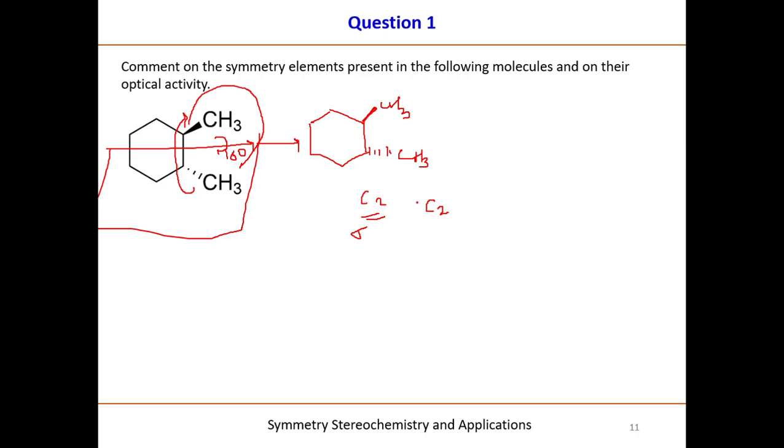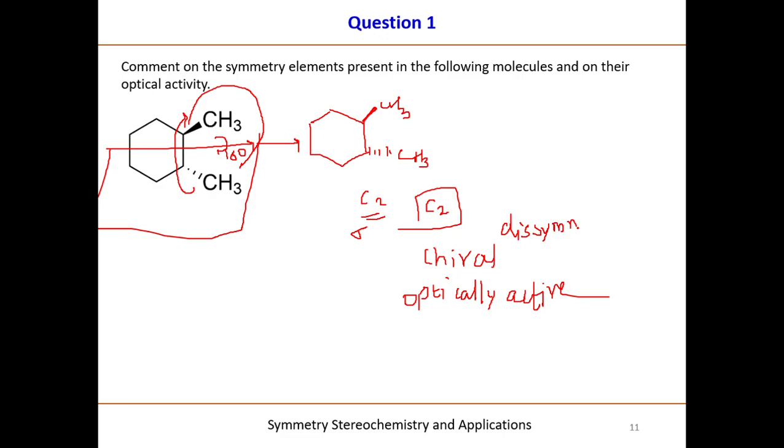So the point group of the molecule will become C2, and because C2 comes under a chiral point group, and chiral point groups have optical activity, we will write here: the molecule is chiral and optically active. Because it has C2 symmetry, it comes under dissymmetric, optically active, dissymmetric.